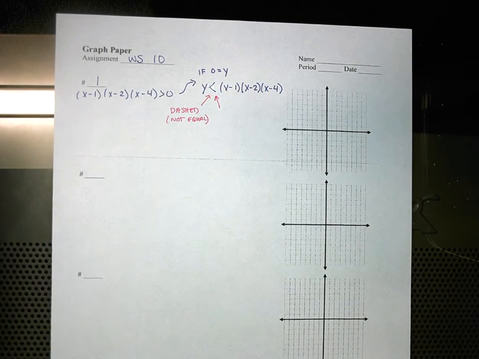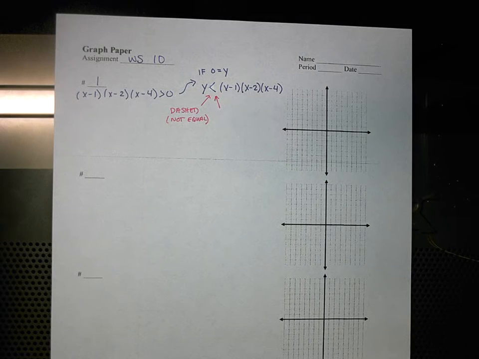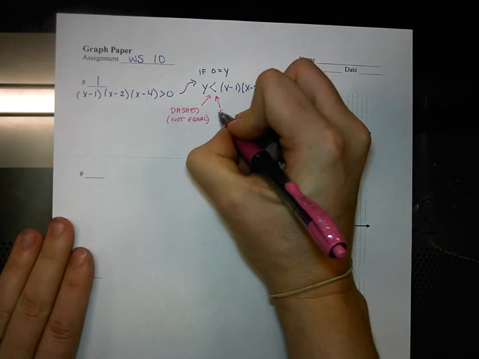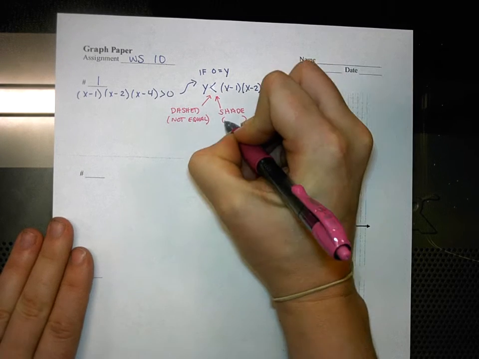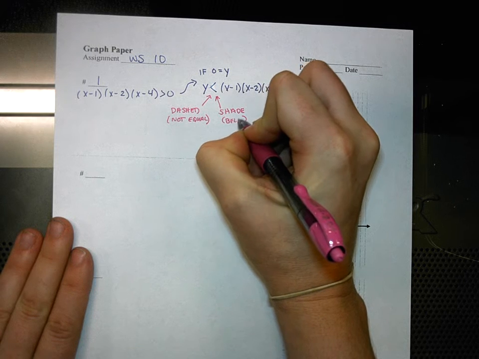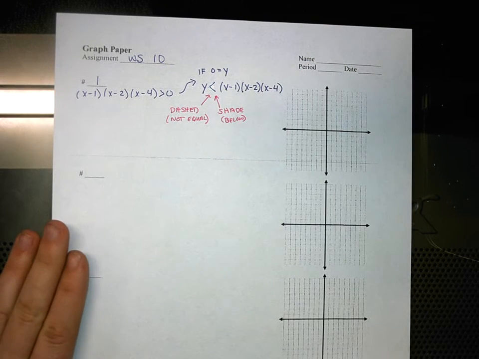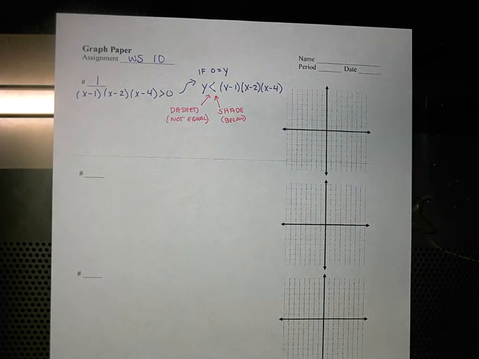And it tells me where we're going to shade. Are we going to shade above or below? Below. Why below? Less than. That's a less than symbol.